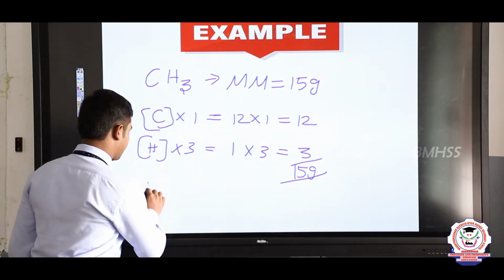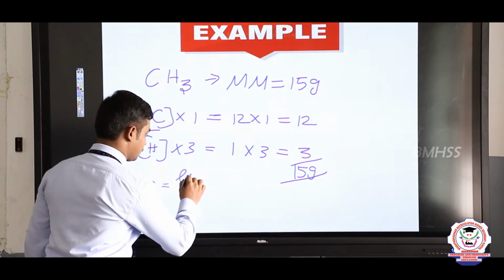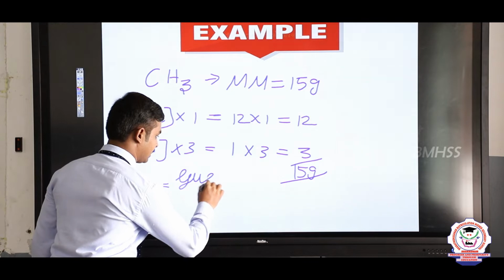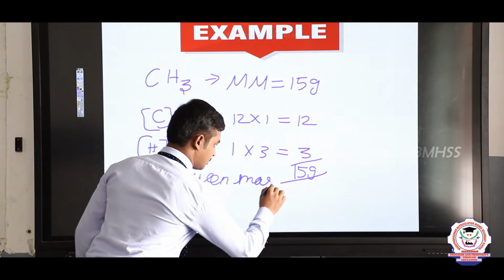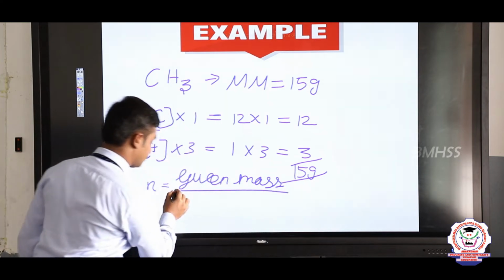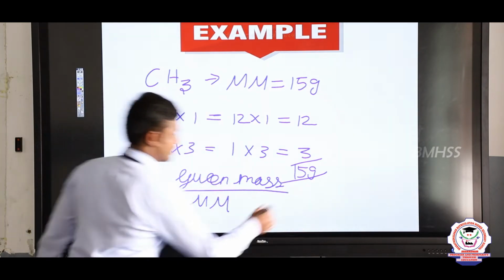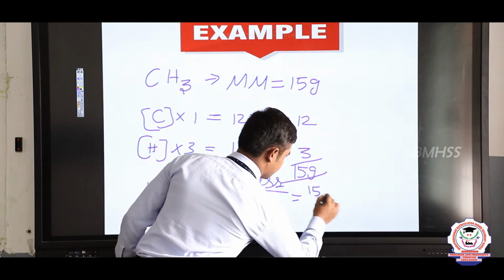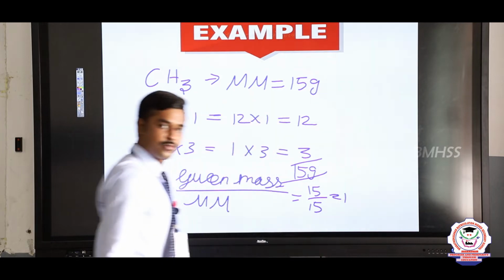So, we can find the value n. n is the ratio between the given mass and the molar mass. The given mass is 15 and the molar mass is also 15, so the n ratio is 1.